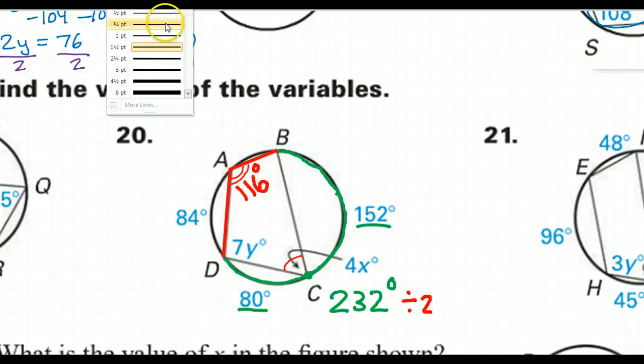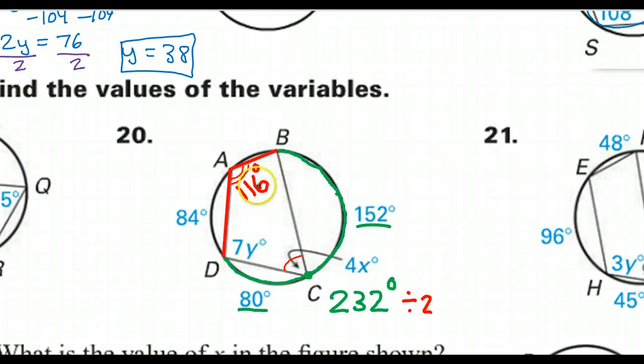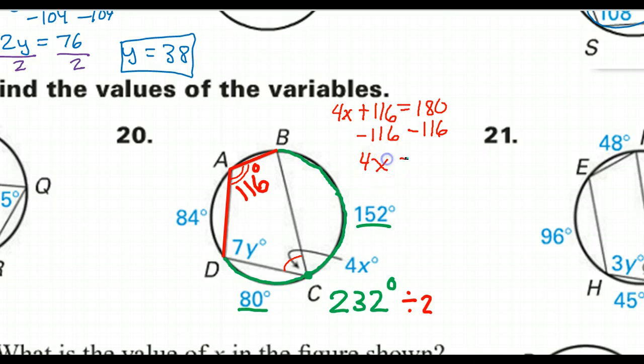These two angles are supplementary. So that means 4x plus 116 should equal 180 degrees. So that's minus 116, which means 4x is equal to 64, and then of course we'll have to divide both sides by 4, and that's going to give me that x equals 16.